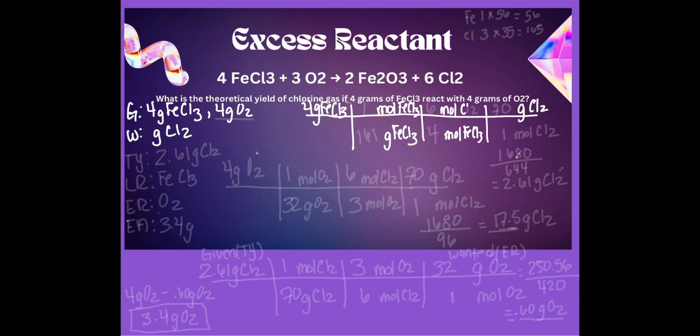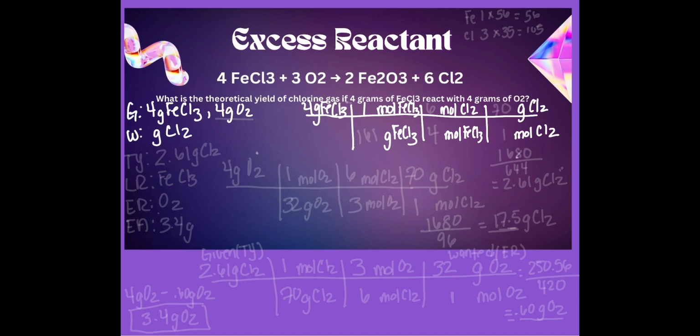If you are struggling with that, you need to go back to the grams to grams video, because by the time you get to excess reagent, you should already know how to set up your railroad tracks.